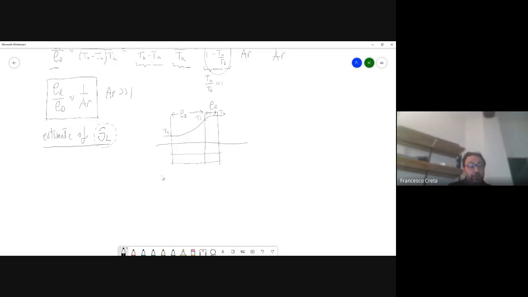So let's see what the inflow energy flux is. There must be an energy flux inflowing from here, and this is a convective heat flux. So let me write it here.